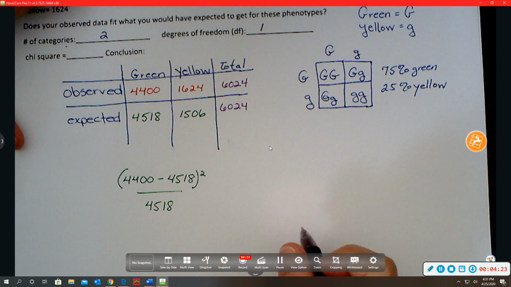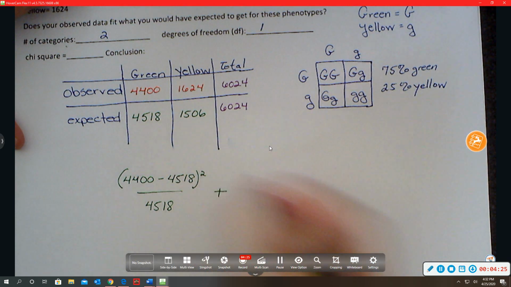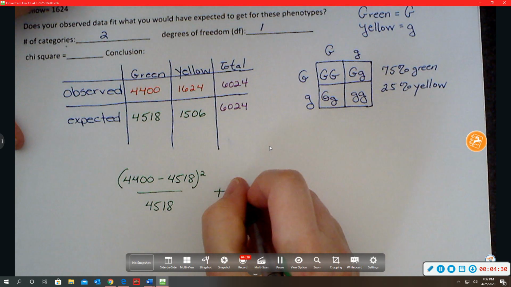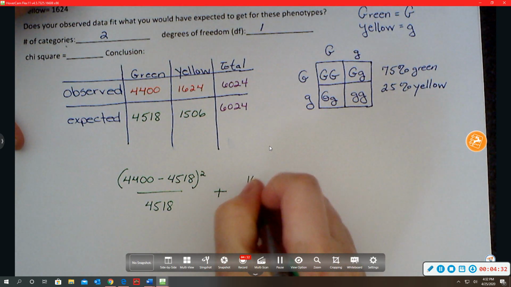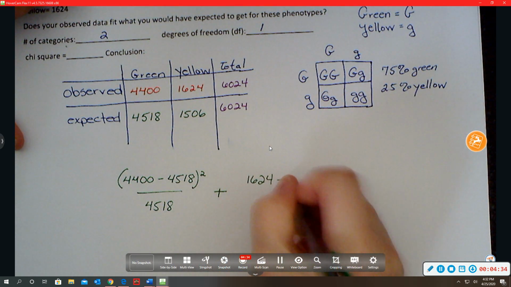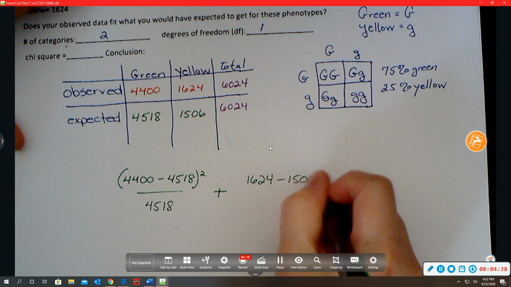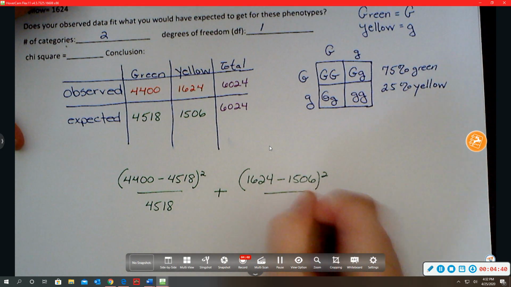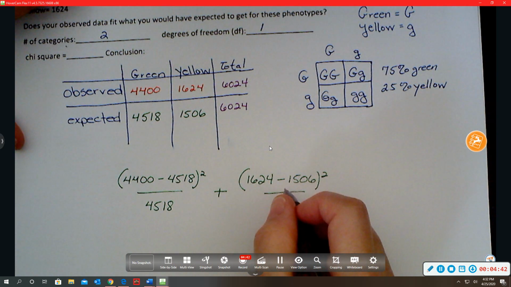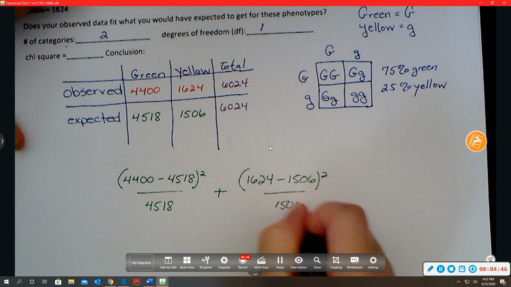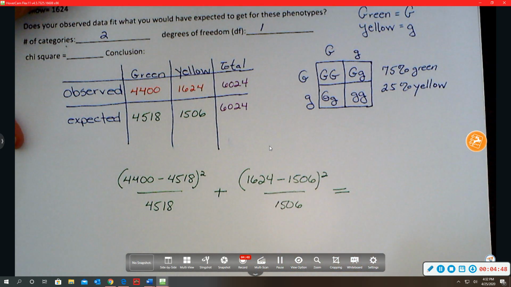All right, that'll be for green. Remember the sum of our categories, so make sure you put a plus in between there. 1624 minus 1506. Square that and divided by expected.